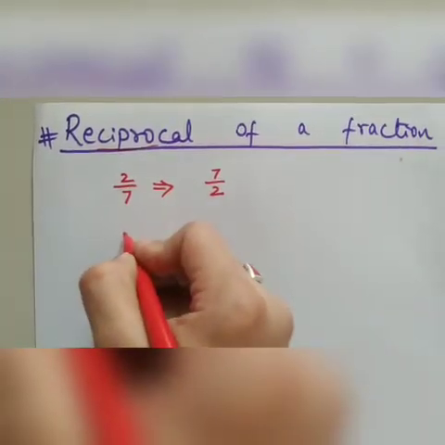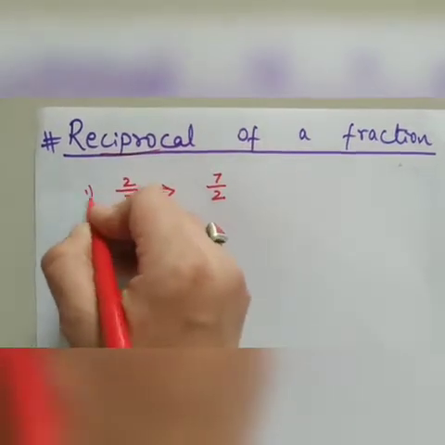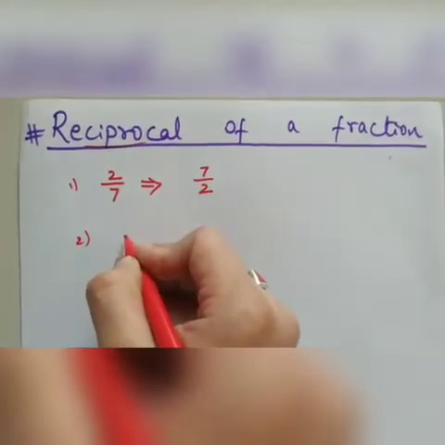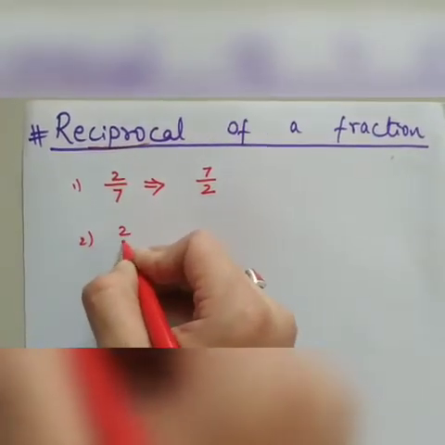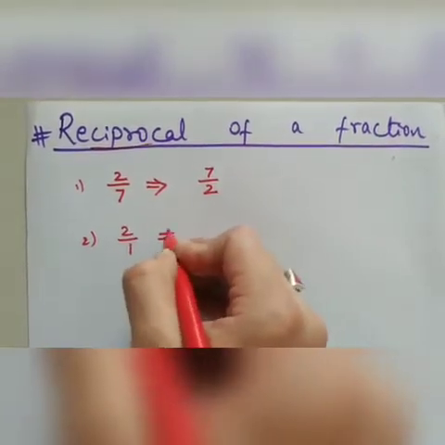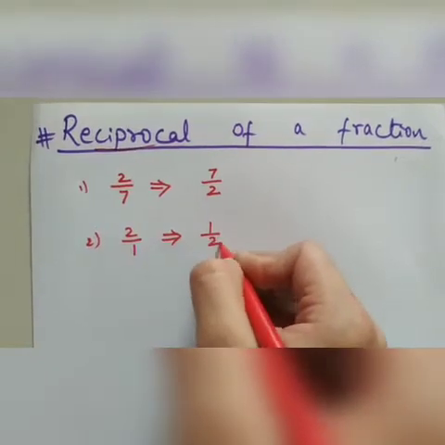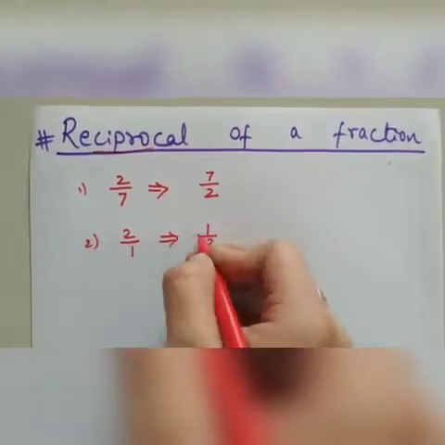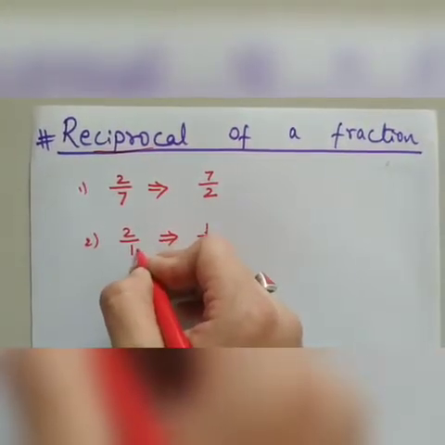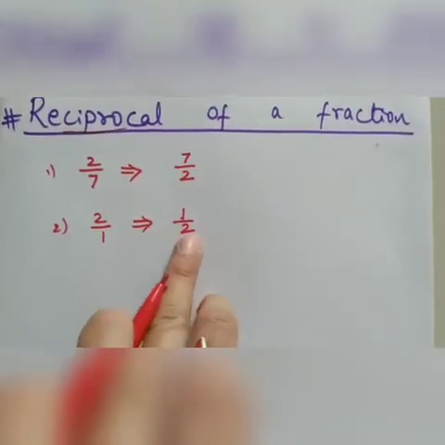For example, another one: we have to take the reciprocal of 2 by 1. So what is the reciprocal of 2 by 1? Yes, 1 by 2. The denominator comes to the numerator and the numerator comes to the denominator. So this is the reciprocal.